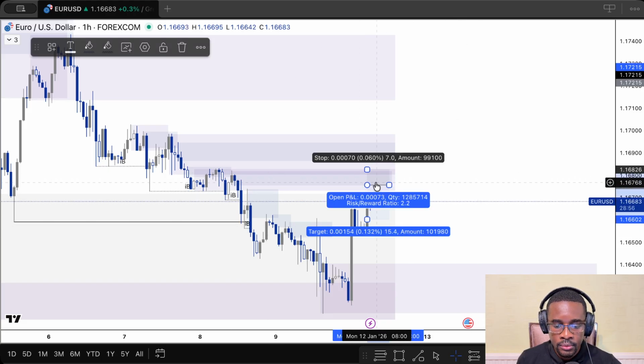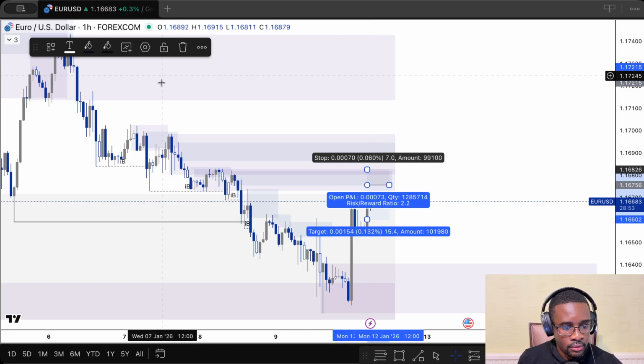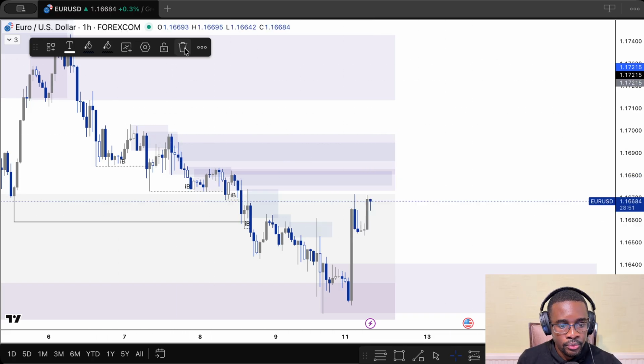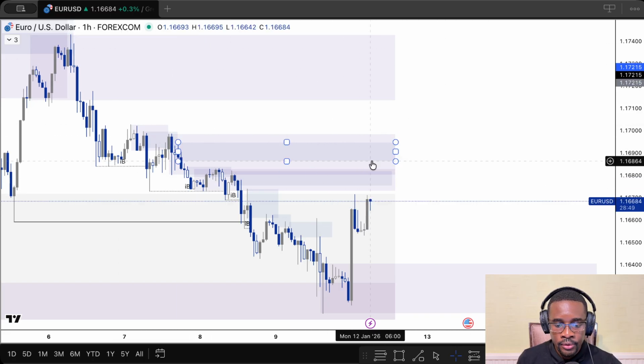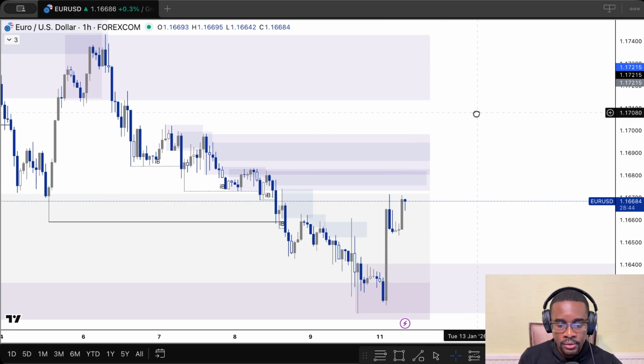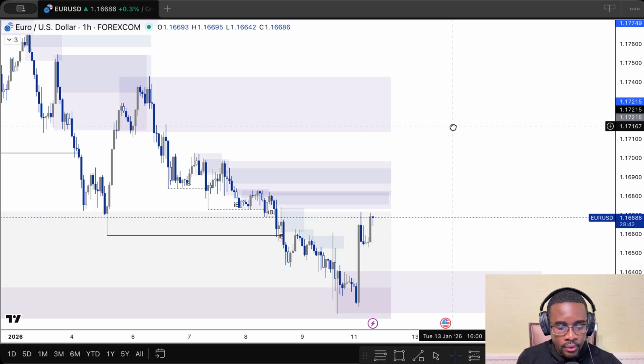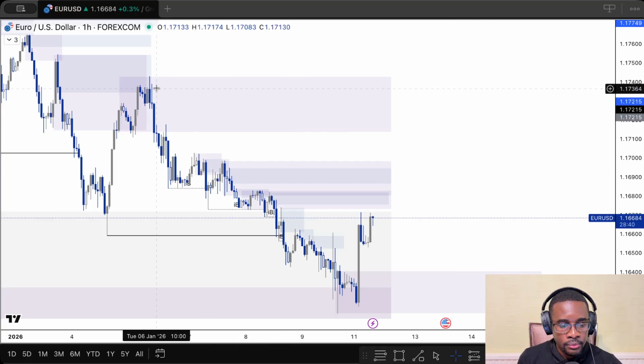So if you fancy that, you could take a position right there. If this one fails, you could set up your limits on these two POIs, with the expectation that we are still in a bearish trend.